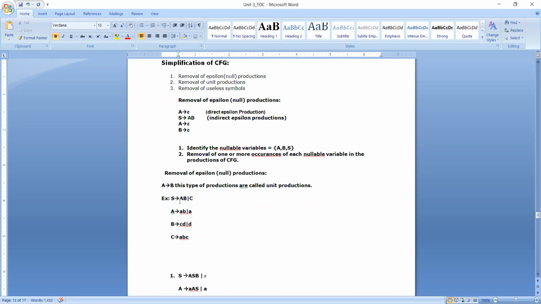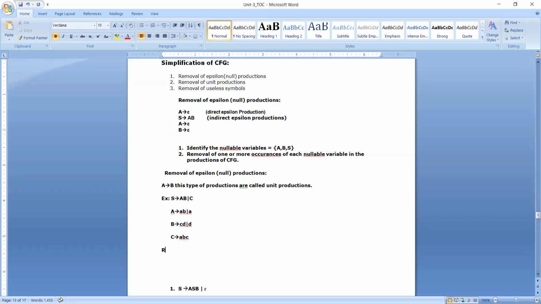Now if you look into this entire grammar, we have a unit production associated with S. What is that unit production? S derives to C, capital C. Now we need to check whether there is a C production available or not. Here, we have a C production available. In the place of this capital C, we are going to replace it with its equivalent production, small ABC.